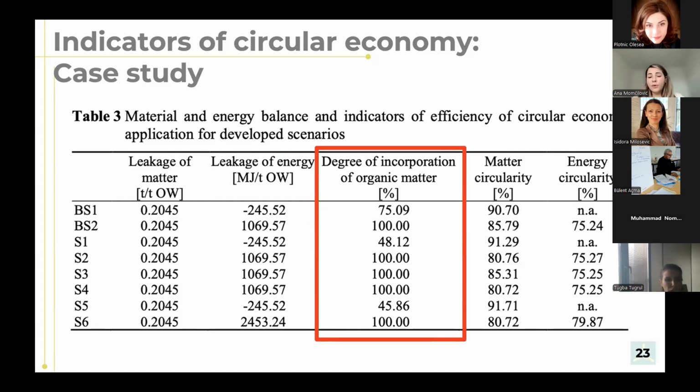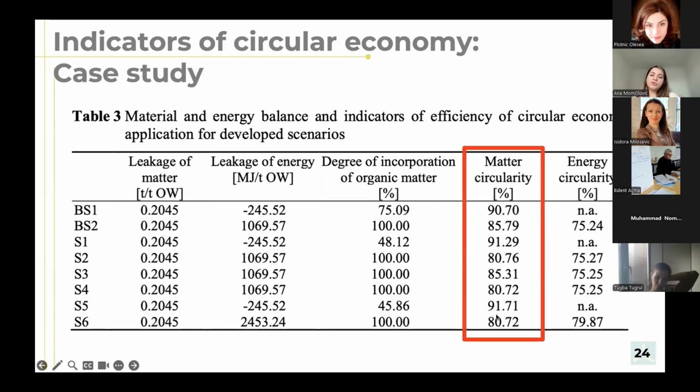As far as composting, it's pickier. So not everything could be composted, or not every quantity could be composted. But we can see also for scenario 6 that there was a surplus of energy, but there is 100% of incorporation.